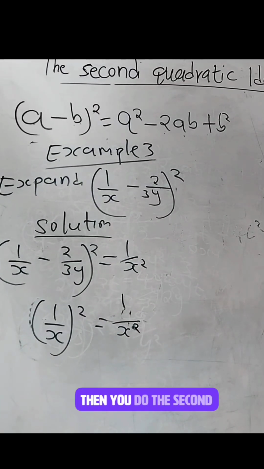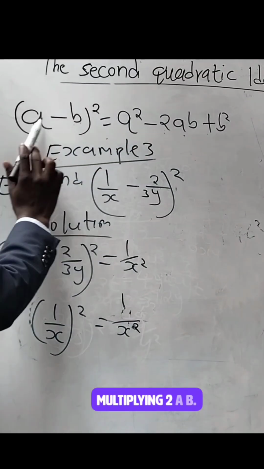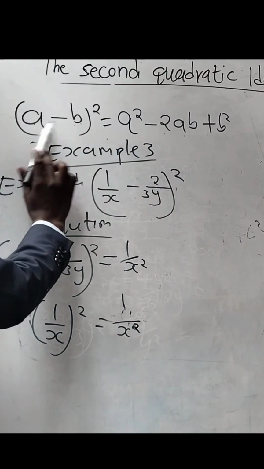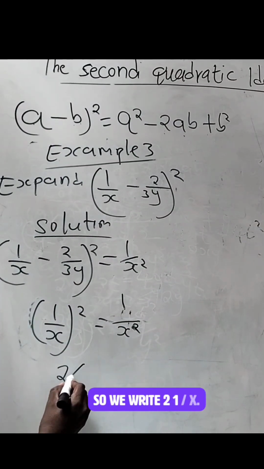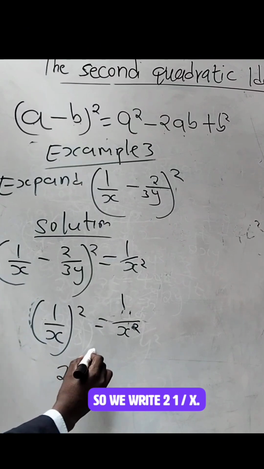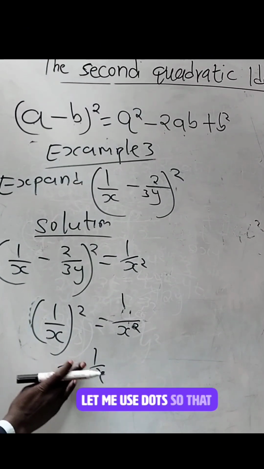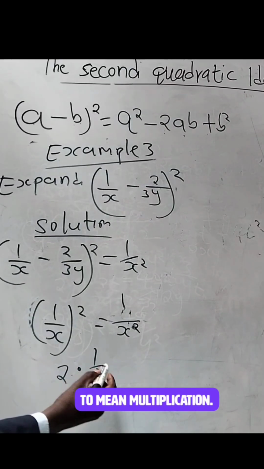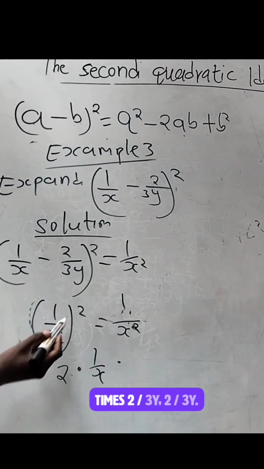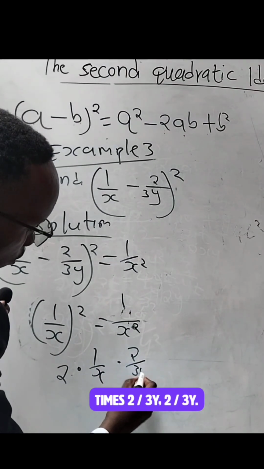Then you do the second part, multiplying 2 times a times b. So we write 2 times 1 over x, let me use dots to mean multiplication, times 2 over 3y.